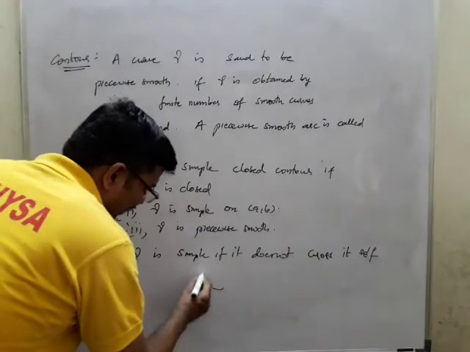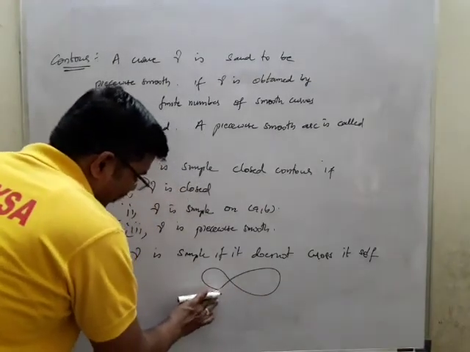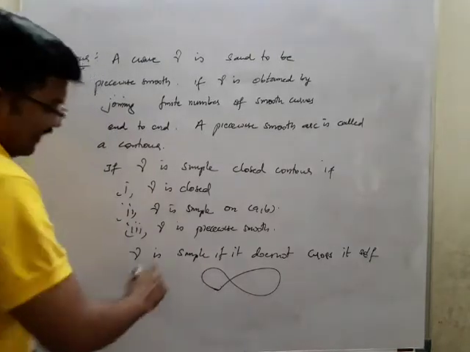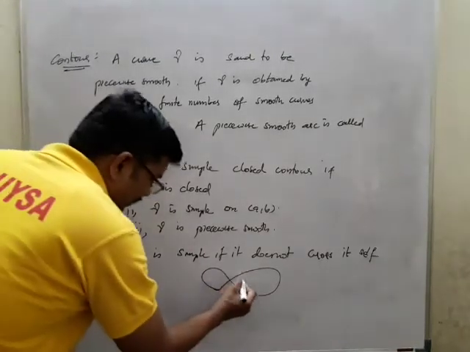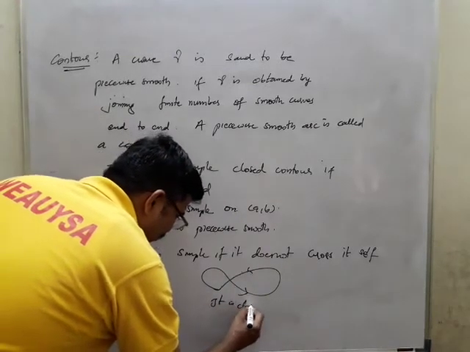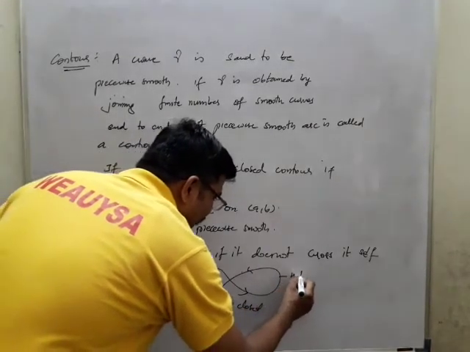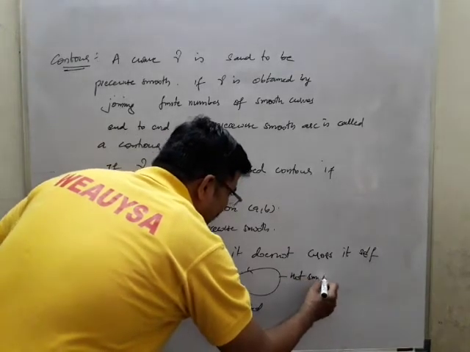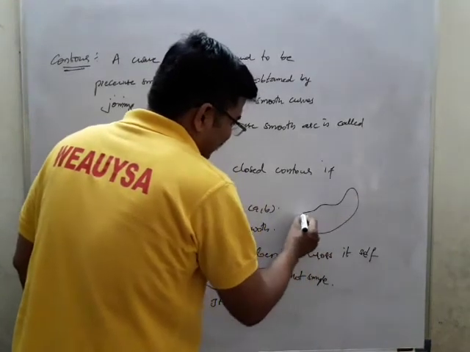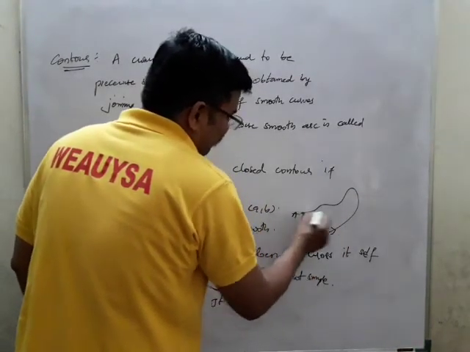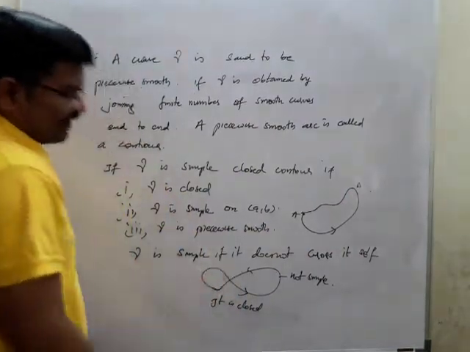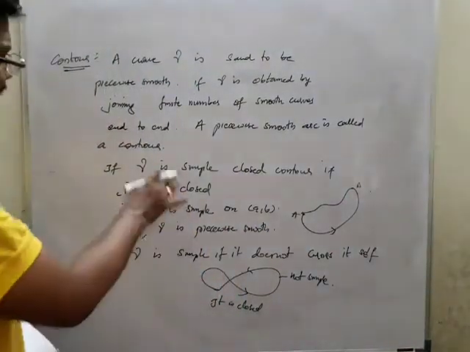For example, if a curve crosses itself like this, it is a closed curve but it is not simple. Simple means it should not cross, like this. It is a closed curve from A to B, and there is no crossing. So these are contours.